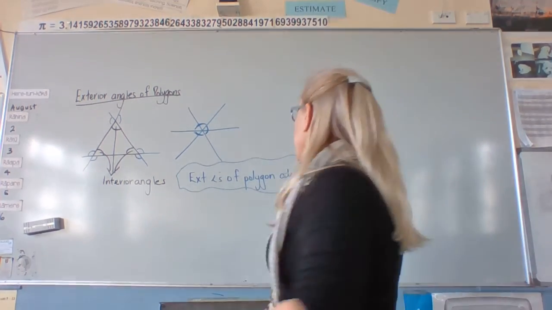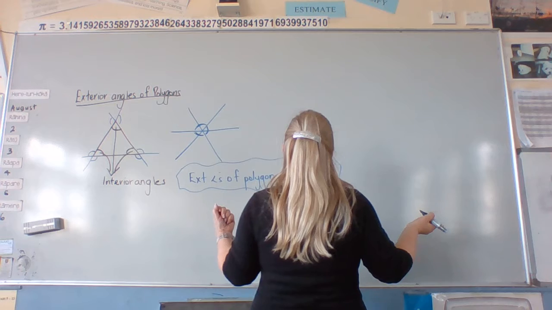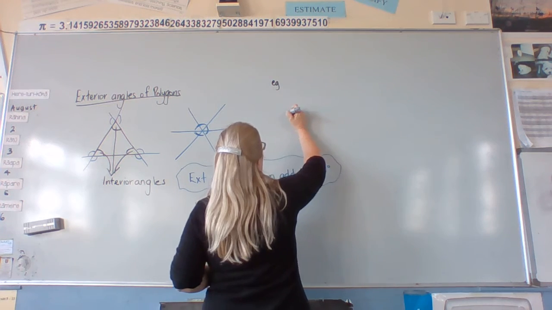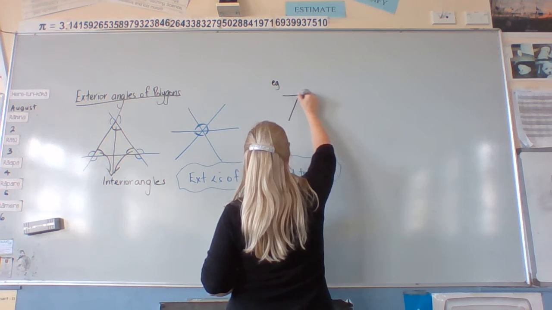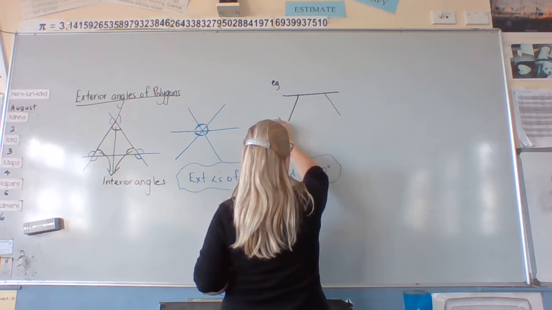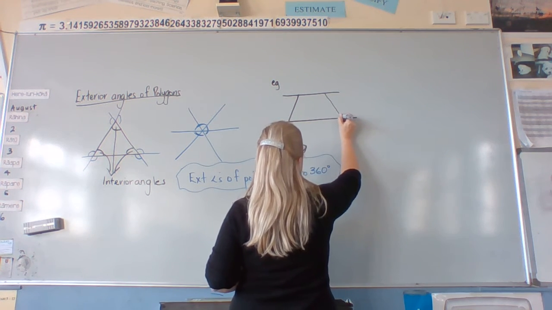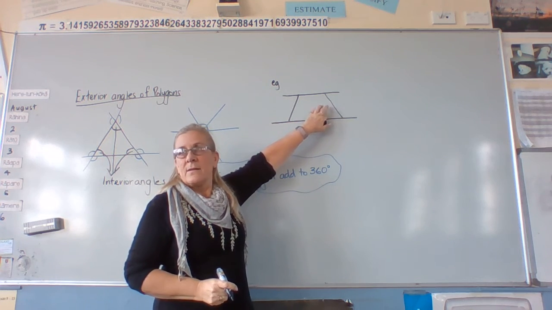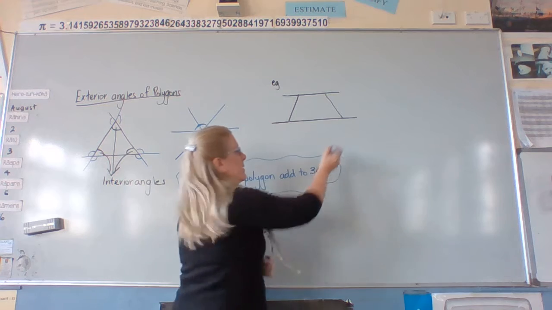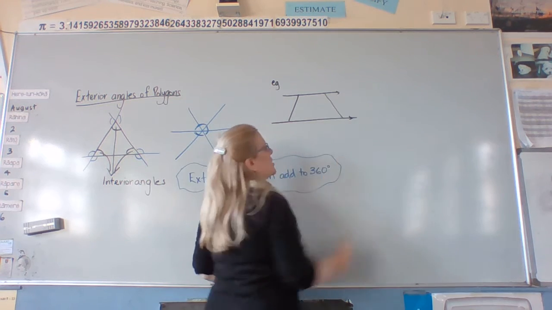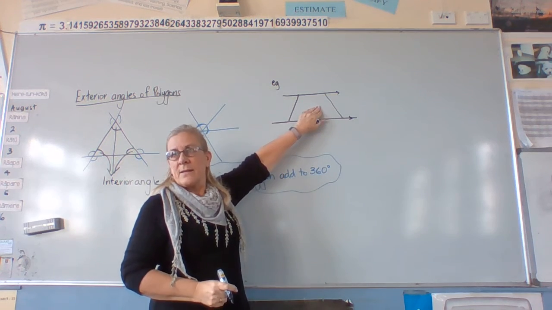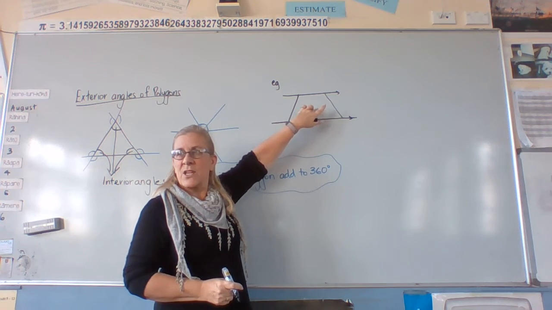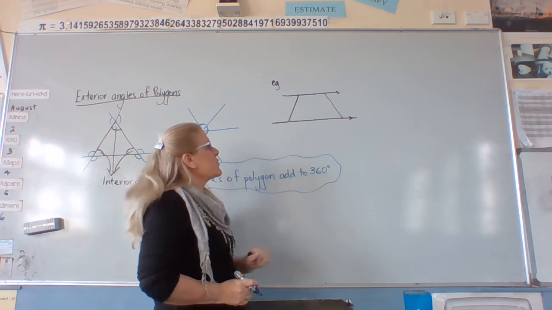So how do we do it then? All right, let's say we've got a not regular shape. Here's a shape. What shape is this? Shape name for this shape, Cal? It is a trapezium.